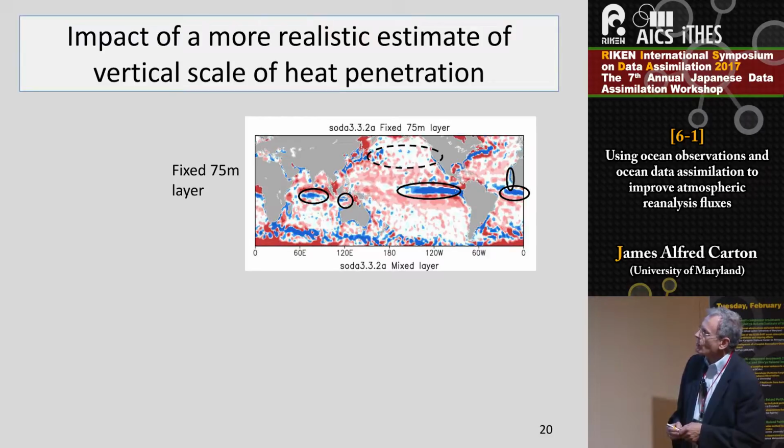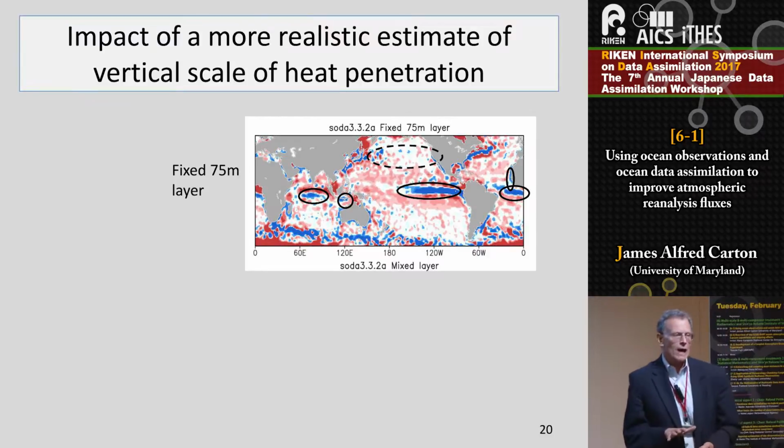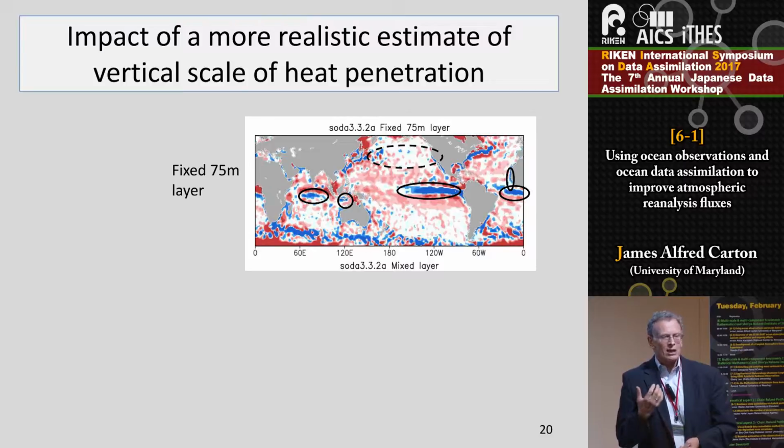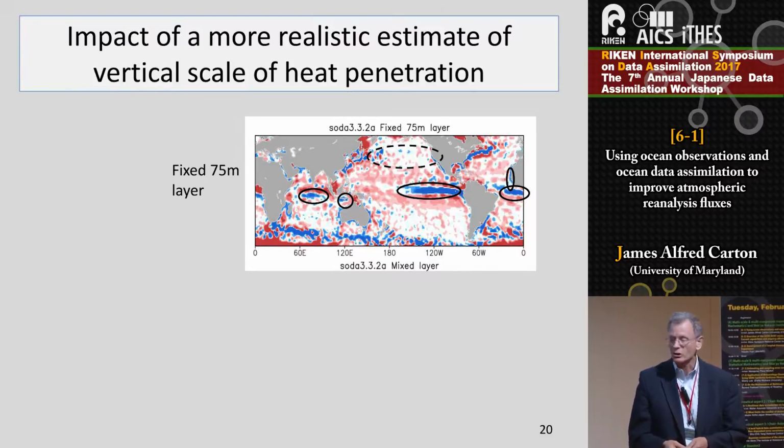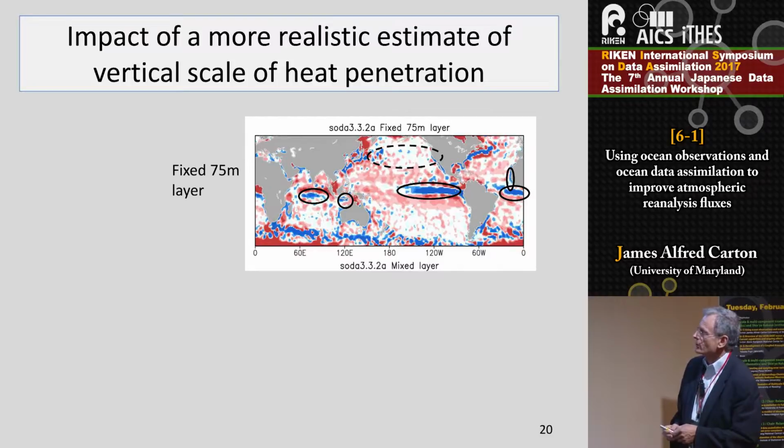We think the origin of this really has to do with the fact that if you just integrate over the upper 75 meters, you're actually mixing together effects that are due separately to net surface heat flux errors from the atmospheric reanalyses and wind stress errors from the atmospheric reanalyses, because the ocean's quite sensitive to wind stress in upwelling zones, and the places in solid ellipses here are all upwelling zones, including the South Equatorial Indian Ocean.